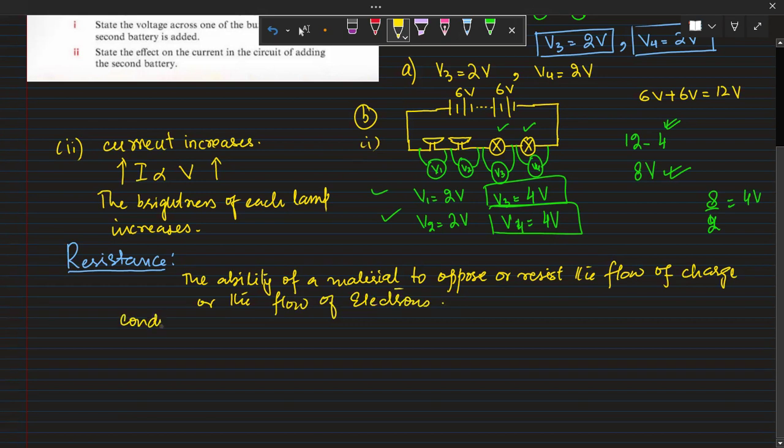So we know that conductors usually have low resistance than insulators.